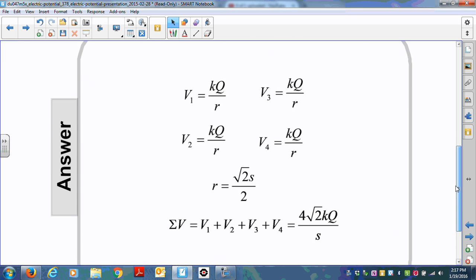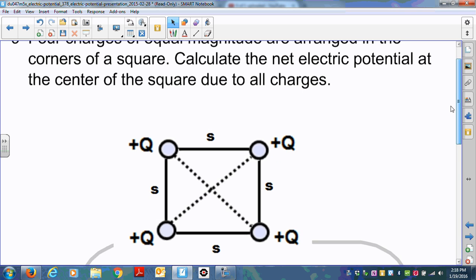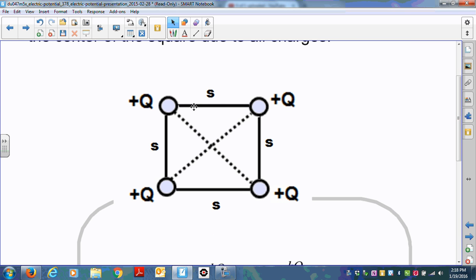Okay, so solving for V1, V2, V3, and V4, notice that they're all the same exact equation, KQ over R. R is going to be the square root of 2 S over 2. Notice that in the diagram, this is S here and here. We want this distance here.